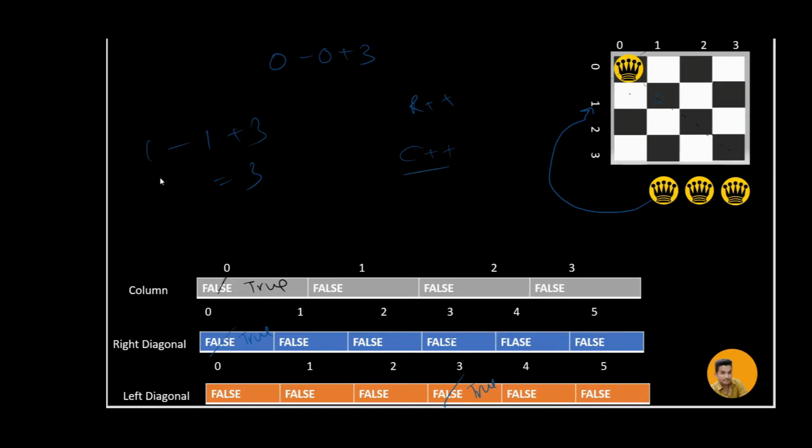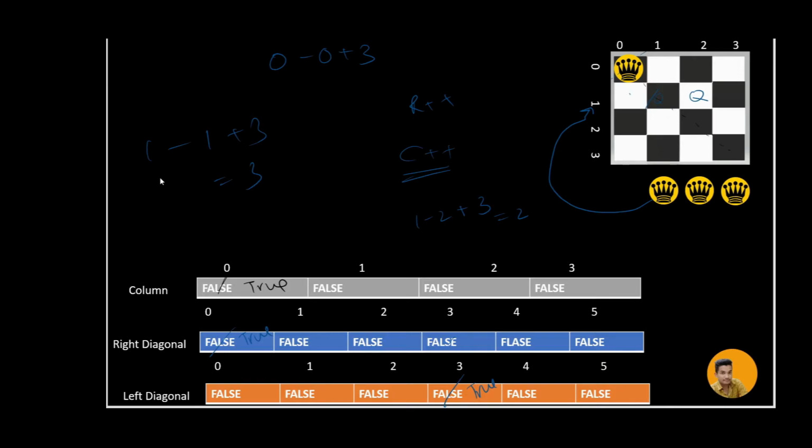Okay, increase the column again, so now the queen is here. Again check, column 2 is empty, and row plus column, 1 plus 2, is 3. The right diagonal is false, yes, we can keep it here. And for the left diagonal, 1 minus 2 plus 3 is 2, so go to 2, it is false, we can keep it here.